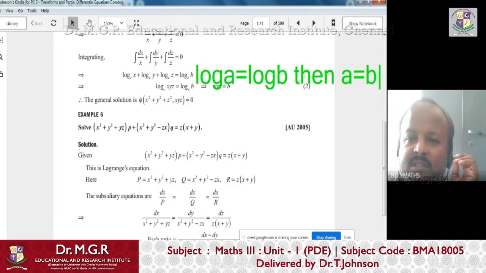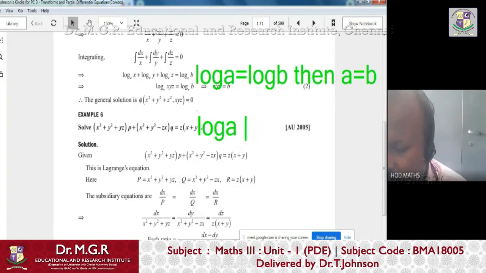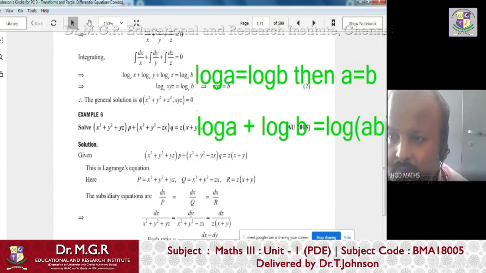So that rule is there. Similarly, log a plus log b can be written as log of a into b, right? So this is one rule. Another rule is log a plus log b is equal to log of ab, right?